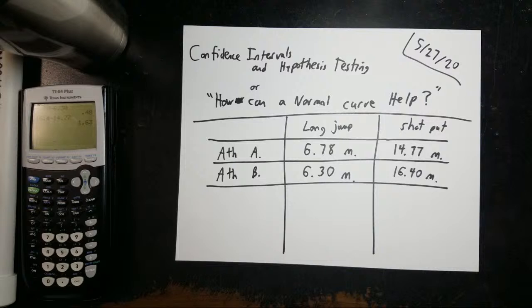Who's to say what type of athletic ability is needed to compete in the long jump versus the type of athletic ability that is needed to compete in the shot put? Long jumpers tend to be faster, leaner. Shot putters tend to be stronger, bulkier. Who is the better athlete is a bit of a conundrum in this case.